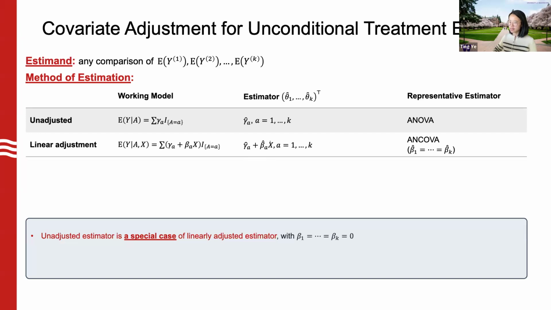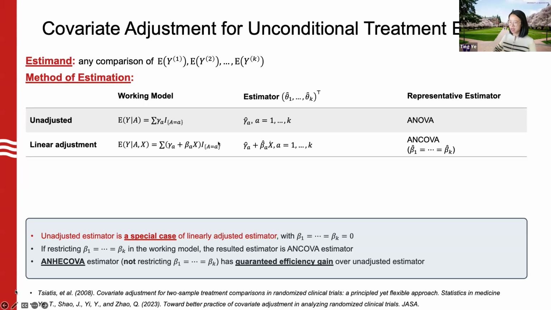And as we can see, the unadjusted estimator is a special case of linear adjustment with all the beta equal to 0. So we can see the linear adjustment is a more general form. And if we restrict all the beta to be equal in this working model, then the resulting estimator is just the ANCOVA estimator.